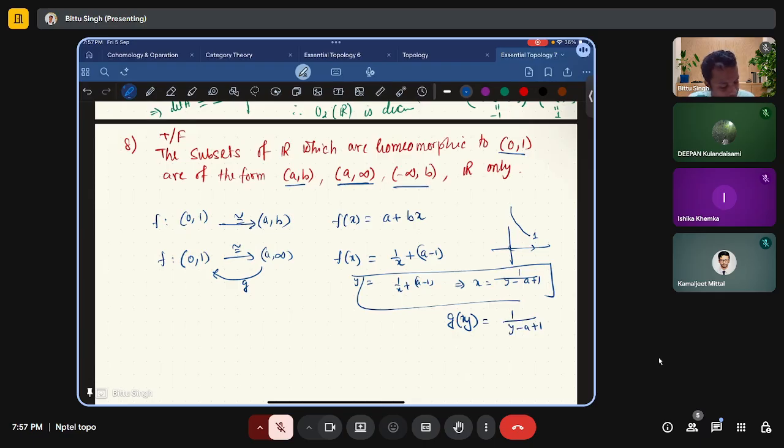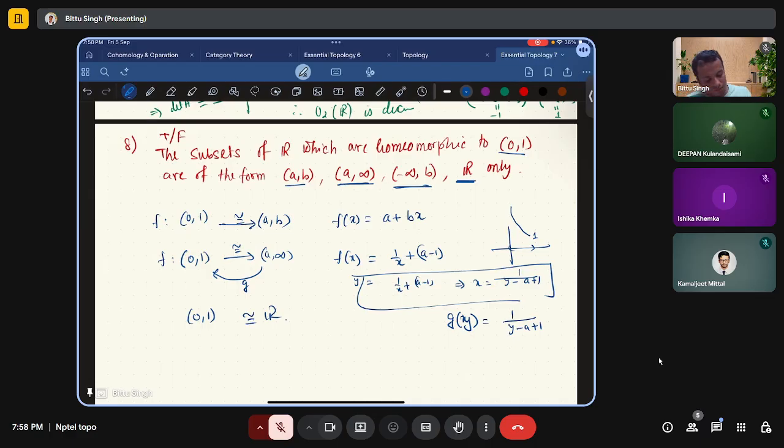Similarly, you can check that this is also a homeomorphism. Just replace 1 by x with minus 1 by x. And R, this is also homeomorphic. 0 comma 1 is homeomorphic with R. You can also prove that, a similar kind of map you can use.